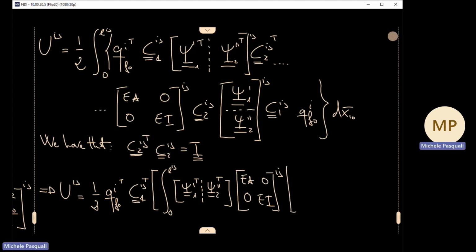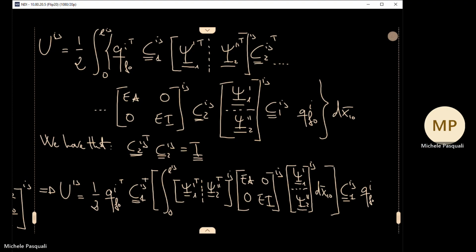And then we have this matrix here, psi1 prime, psi2 double prime, ij, in the x1, 0, and then we have C1 ij and QF0 i. Okay?